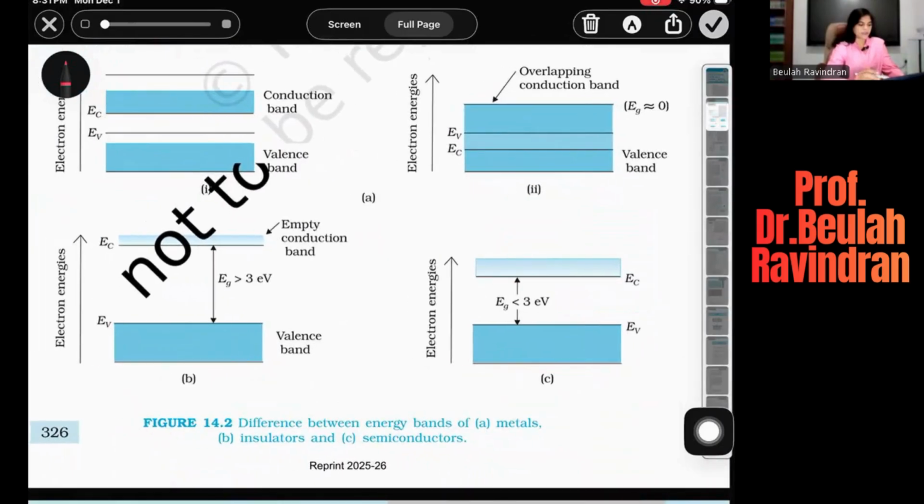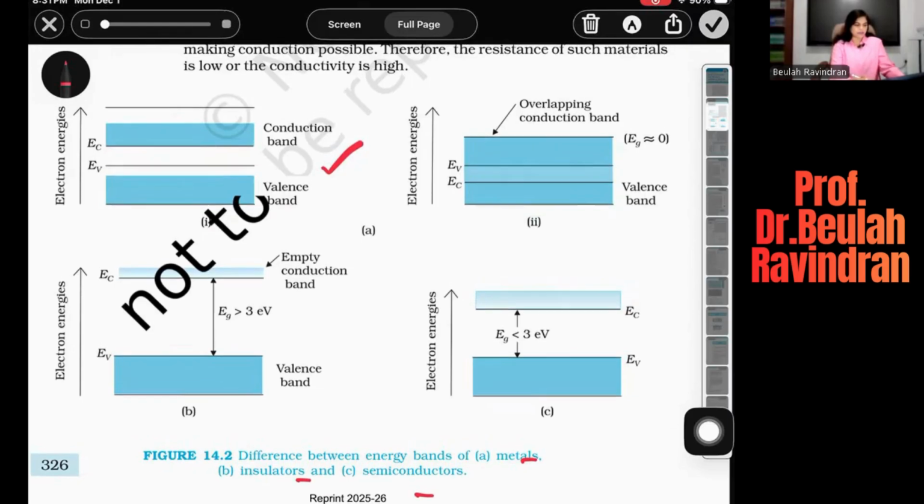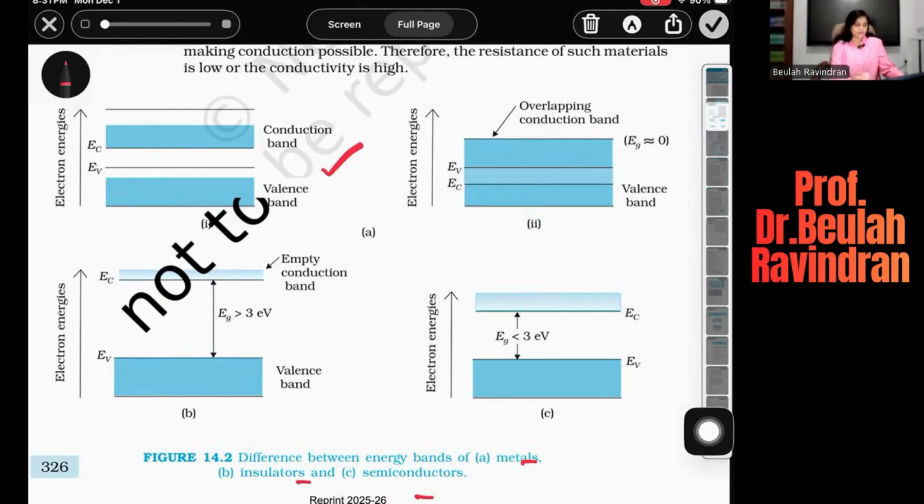What does the first picture demonstrate about metals, right? It differentiates between the energy bands of metals, insulators, and semiconductors. A is metals. See, this is the valence band. This is the conduction band, right? Okay. So the top of the valence band and the bottom of the conduction band have electron transfer. Sometimes it may overlap also.